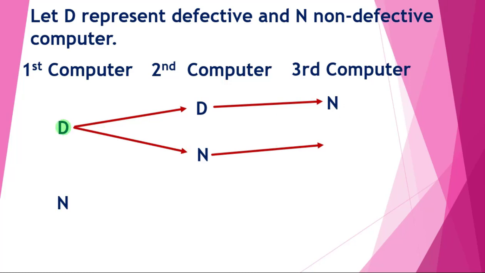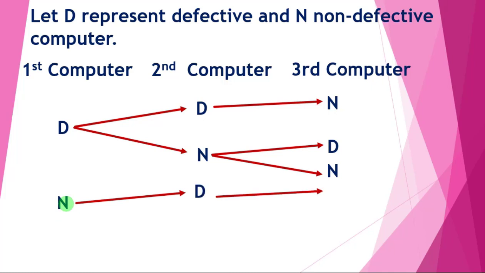Now, if the first computer is slightly defective and the second computer is non-defective, it's possible that the third computer is a slightly defective computer or a non-defective one. So those are the possibilities. We move on. If the first computer is non-defective, the second computer will be slightly defective and the third computer would be slightly defective.